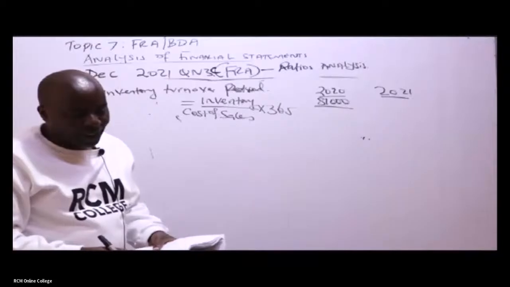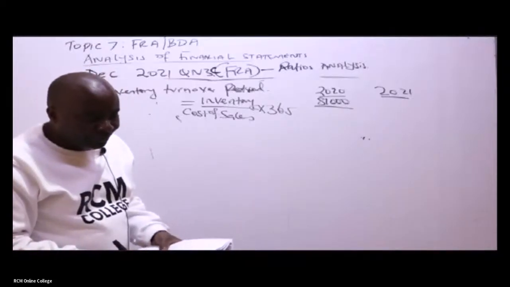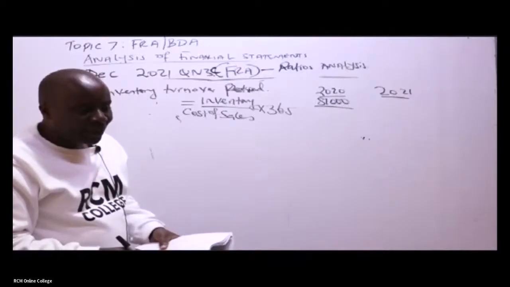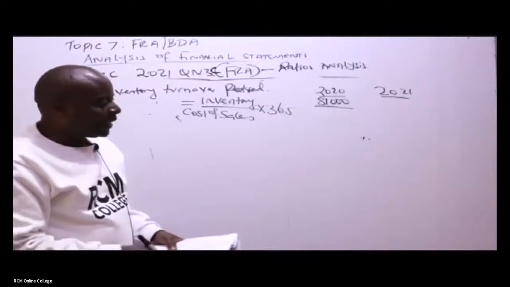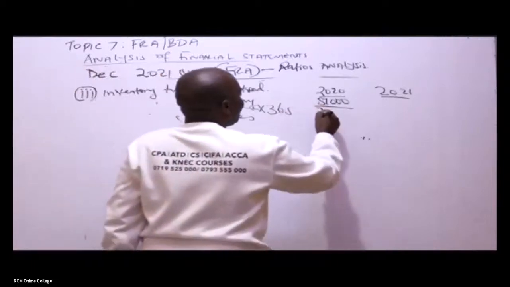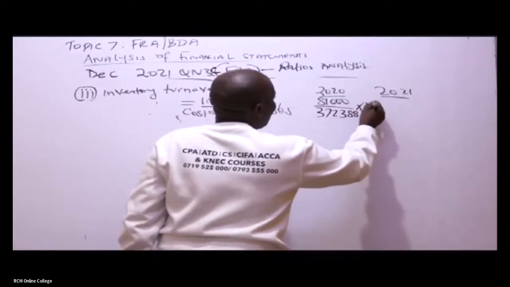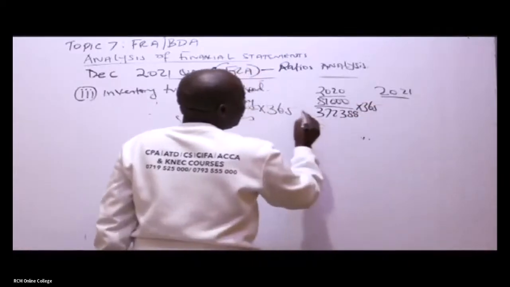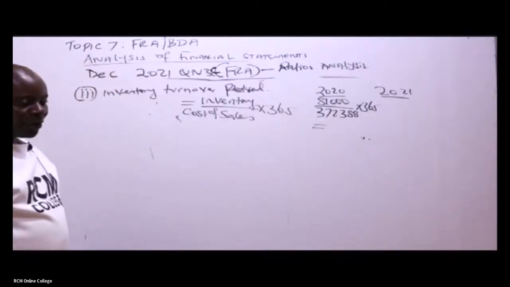Fortunately or unfortunately, you must write it down for me to see. Yes, you will be able to get it. 372,388 times 365 days. Could you kindly give me this inventory turnover period?